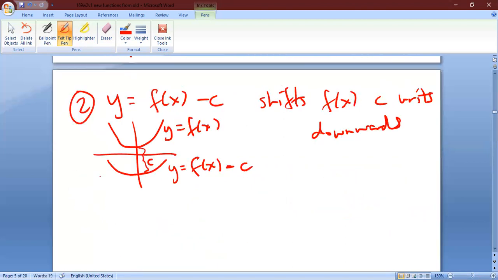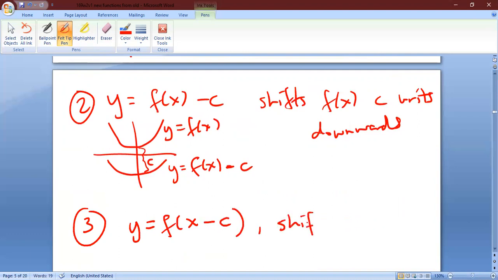And we can do shiftings with the x, like we can have y equals f of x minus c, let's say. Now, this is also a shifting, but in the x direction. So let's say this is y, this is x. This shifts f c units to the right.